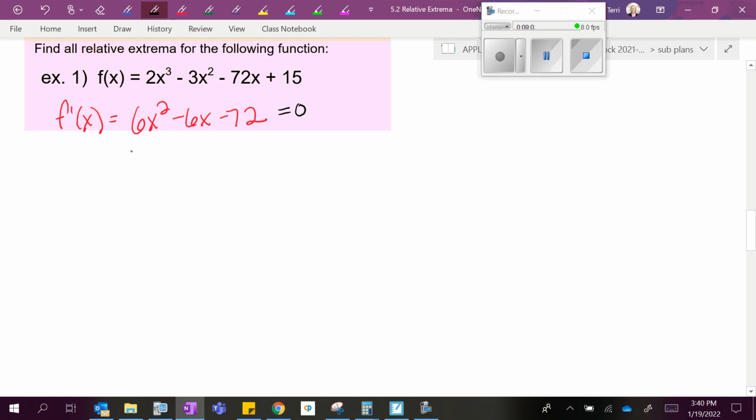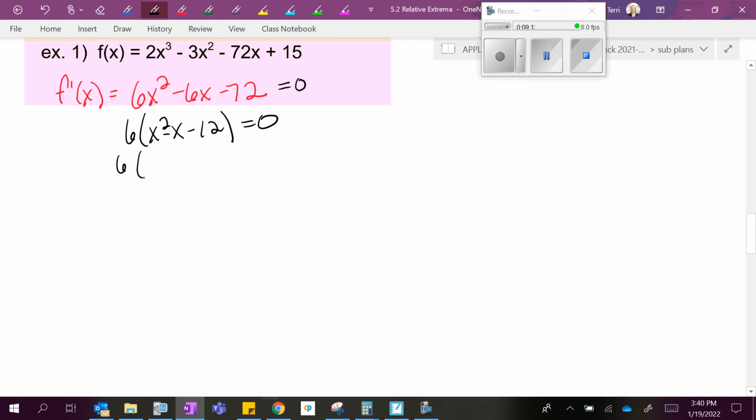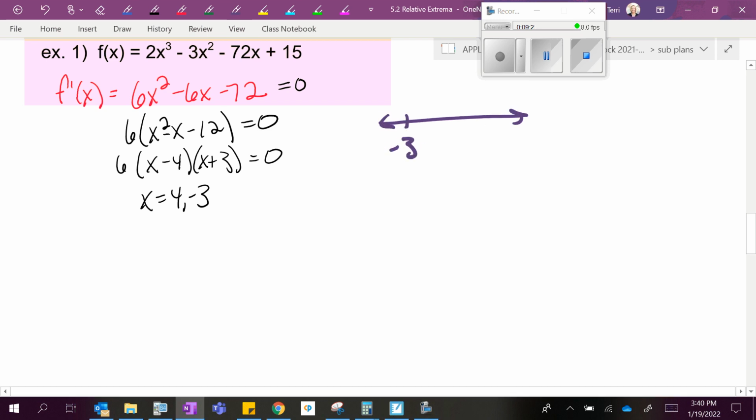First thing we're going to do in solving this is take out our GCF of 6. And then we factor what's left. So we get x minus 4, x plus 3. We solve each, and our critical numbers are 4 and negative 3.